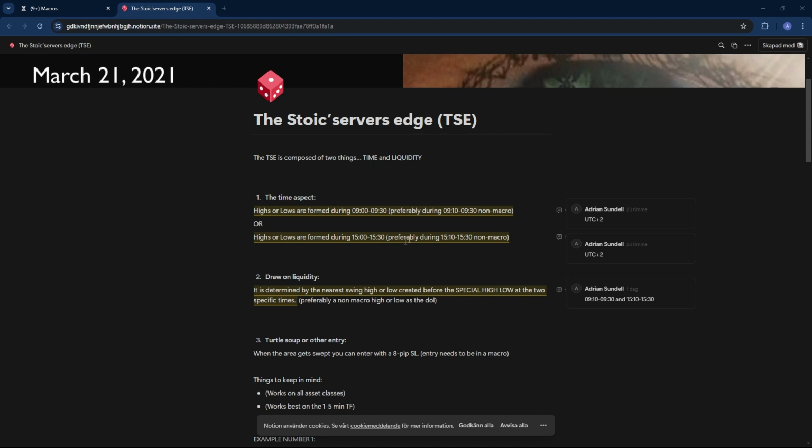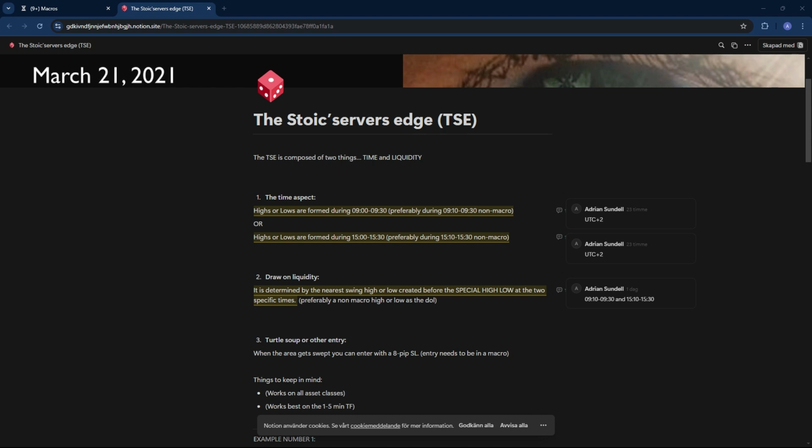Now, the second Fedwire injection time is precisely 15 to 15:30 or 15:10 to 15:30, which is of course the non-macro time, which is real nice. Why we're supposed to use the non-macro time is because if the high sets in just after the macro is finished, that's the best high, as that high is most likely to get swept.